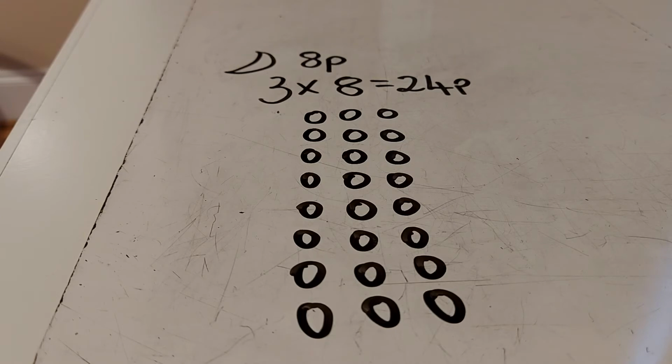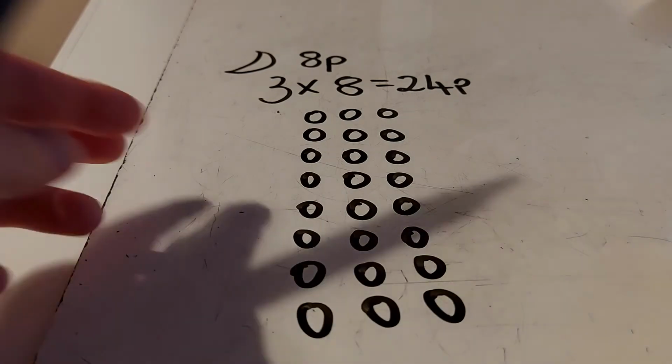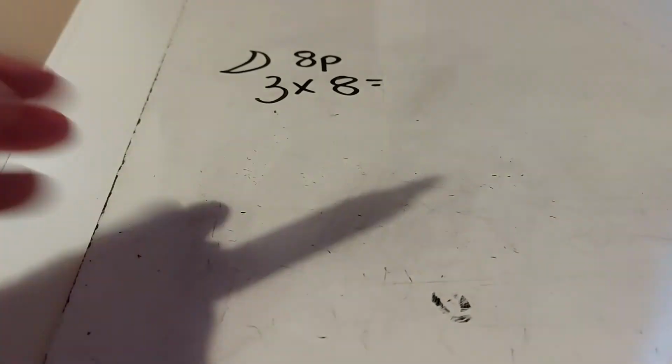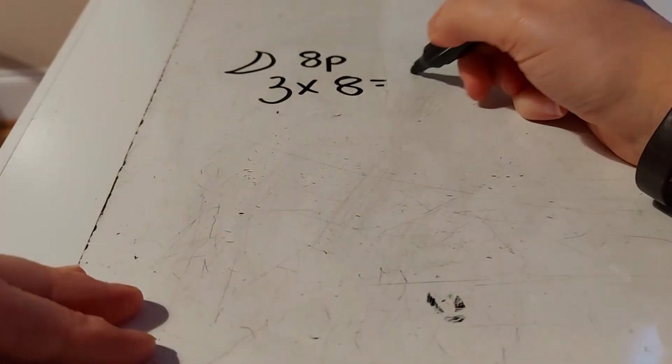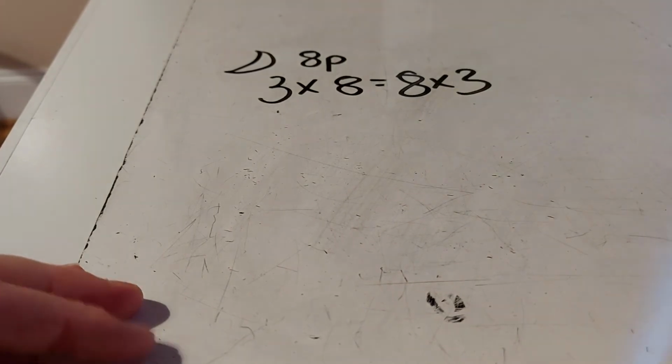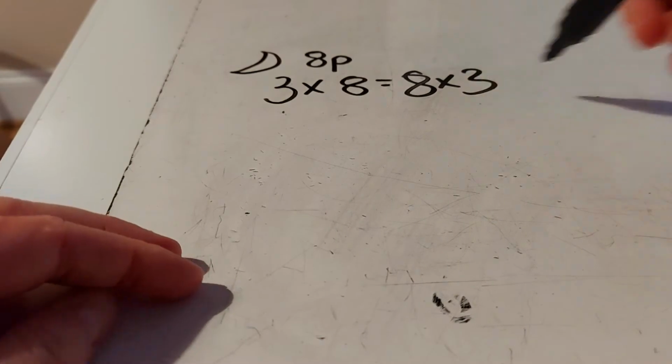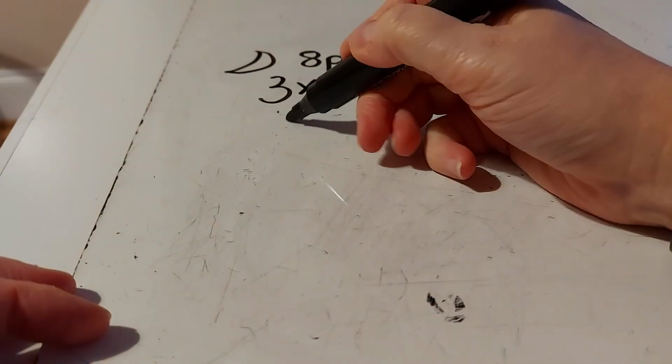Now, when I was doing that calculation, some of you might have already remembered that because we know that 3 times 8 is the same as 8 times 3, some of you might have preferred to actually do 8 lots of 3 to help you work out this calculation.